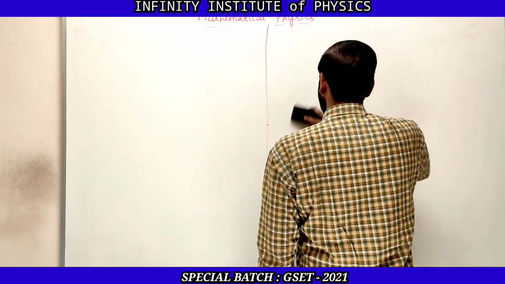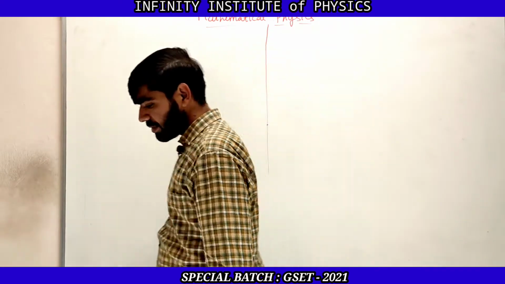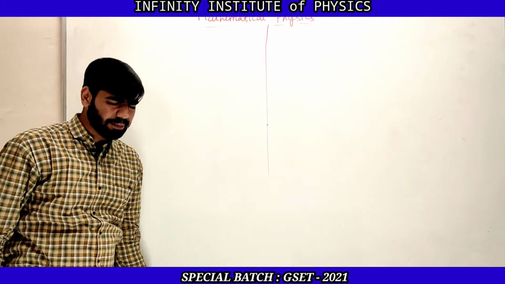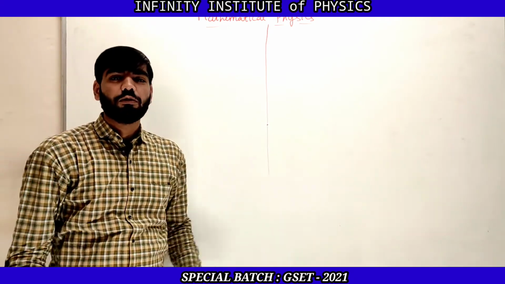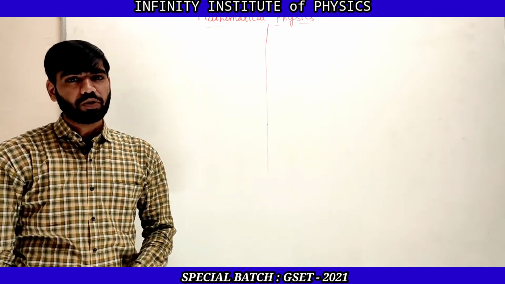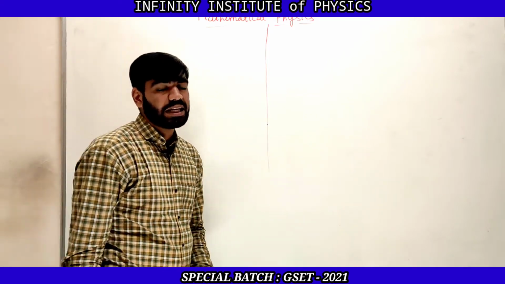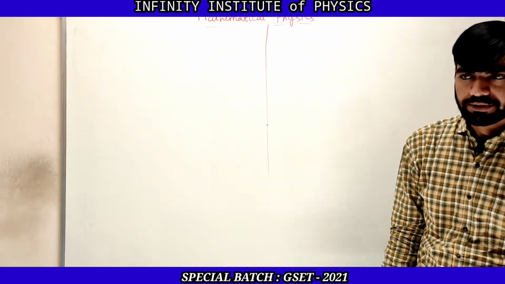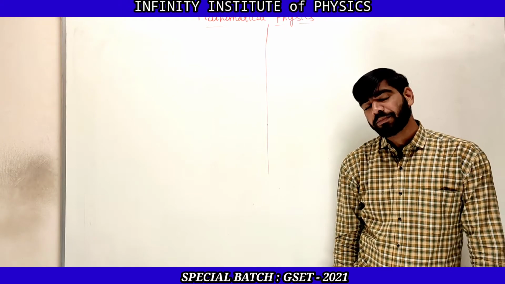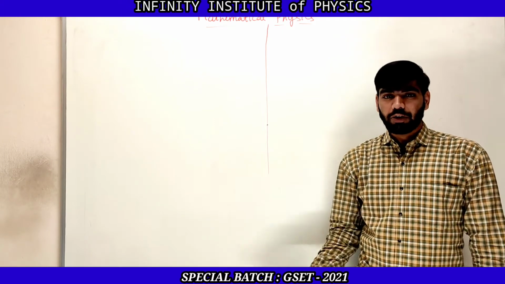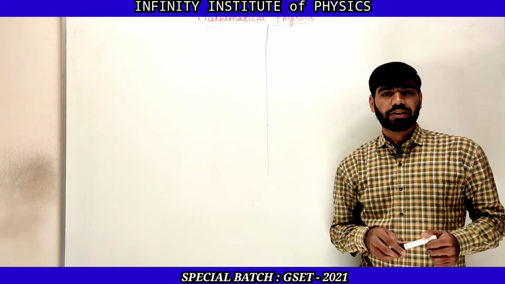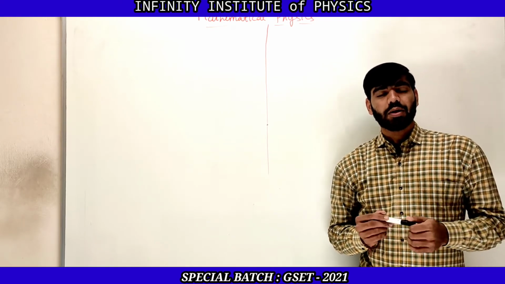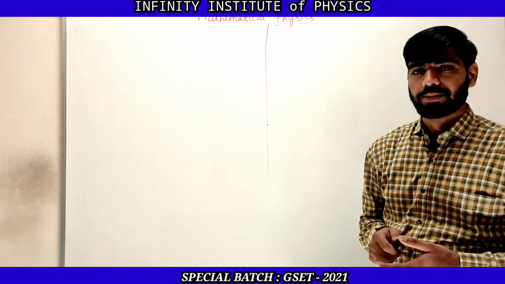A differential equation of the form dy by dx plus p y is equal to q into y raised to n is known as Bernoulli's differential equation, which is non-linear, and we can convert it to a linear differential equation by assuming a new variable, and we can solve that kind of example as well.